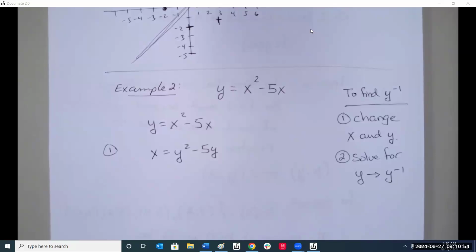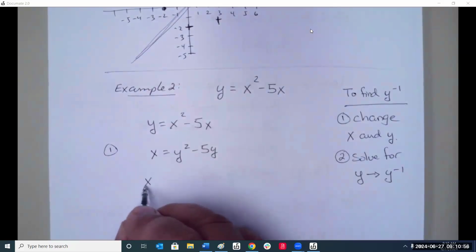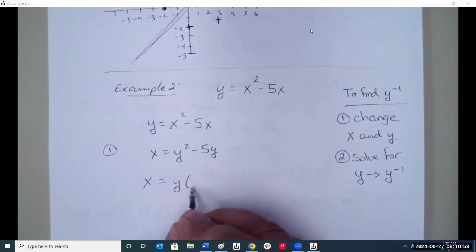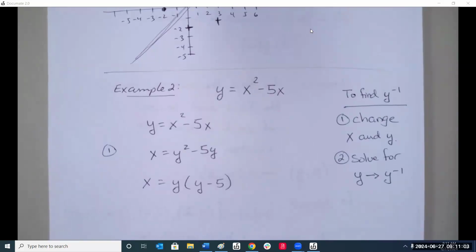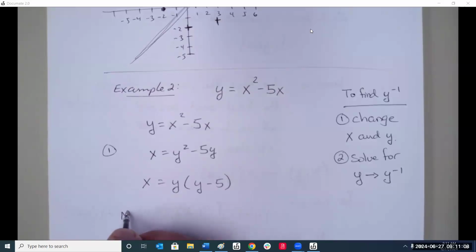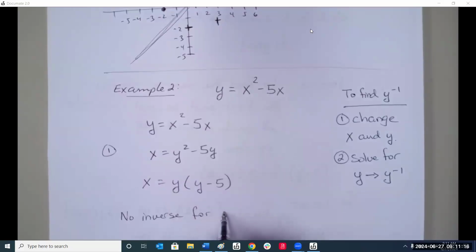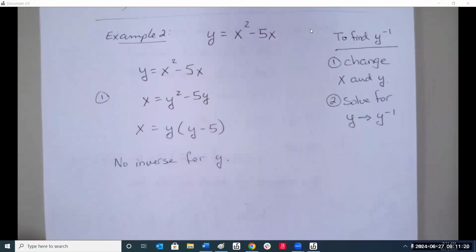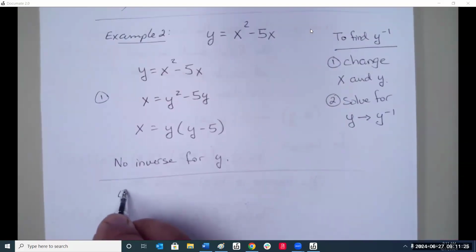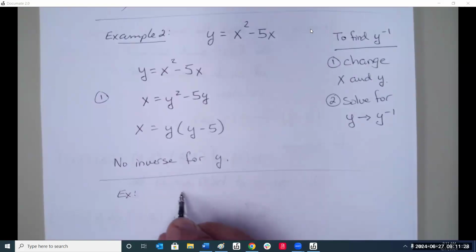Okay, we see that we can't solve because the only thing we can do here is factor out a y. So we can't solve for y. So this one has no inverse for y for that function. Let's look at this example.